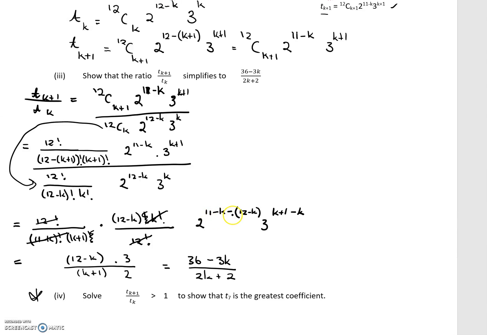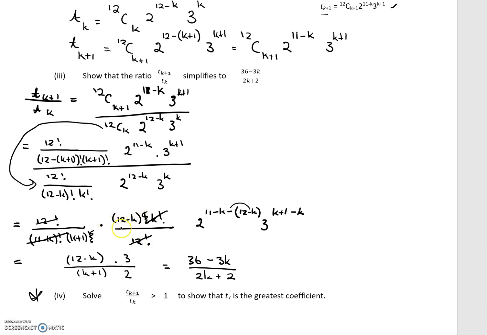11 minus k minus 12 plus k eliminates the k. 11 minus 12 is minus 1. It's 2 to the minus 1, which puts it into the denominator. 3 to the k plus 1 minus k is 3 to the power 1, so 3 stays on the top.